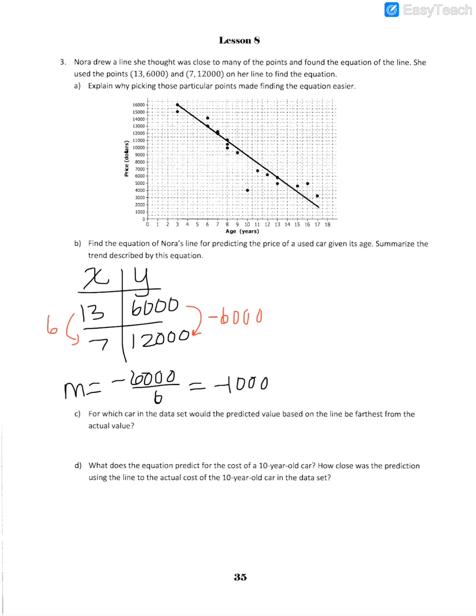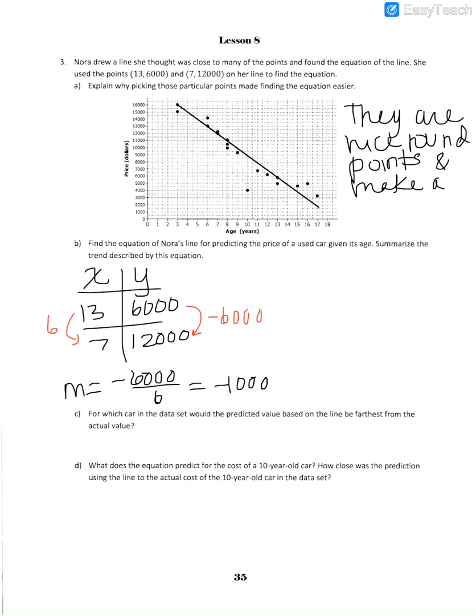We should probably write something down for A. So let's write, they are nice round points and make a nice even number for m.